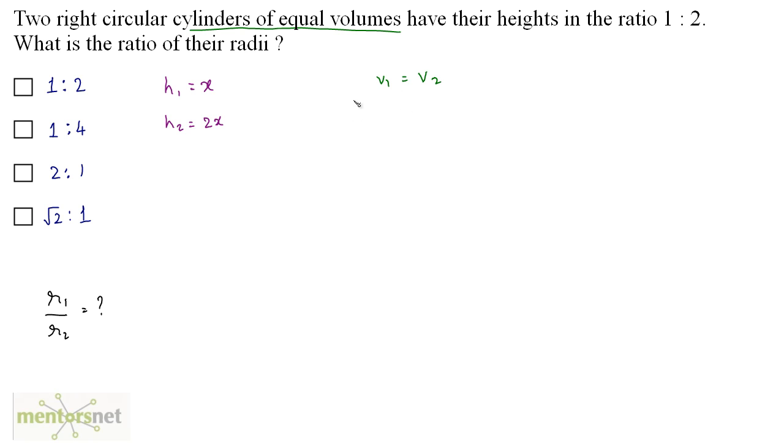Now let's put in the formulas. V1 is pi R1 square H1 is equal to V2 is pi R2 square H2. Okay, this pi and this pi go out. We have R1 square by R2 square is equal to H2 by H1.